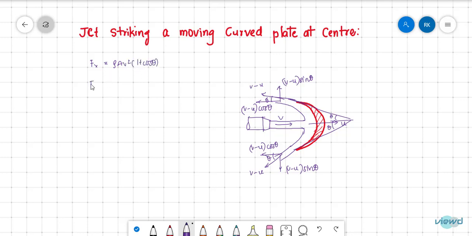Here Fx is equal to rho a into (v minus u) whole square into (1 plus cos theta).